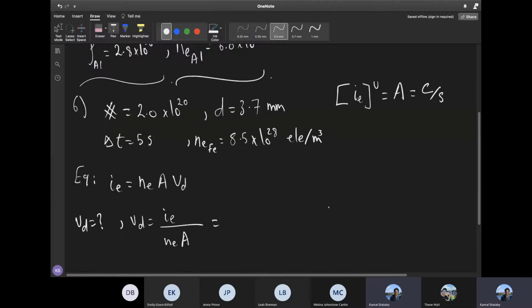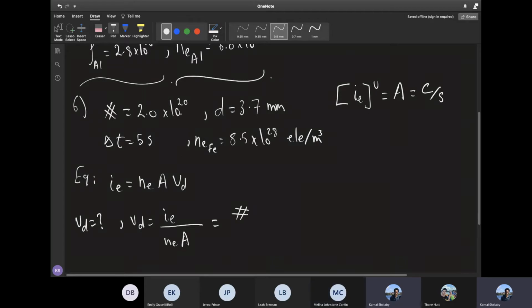Okay, like I also showed you the equation. So what is Ie equal to? Is it the number that they give us in the question, like the number of electrons that flow through a cross section? Yes. So it would be the 2 times 10 to the 20. Is that it? Is it just that? Okay.